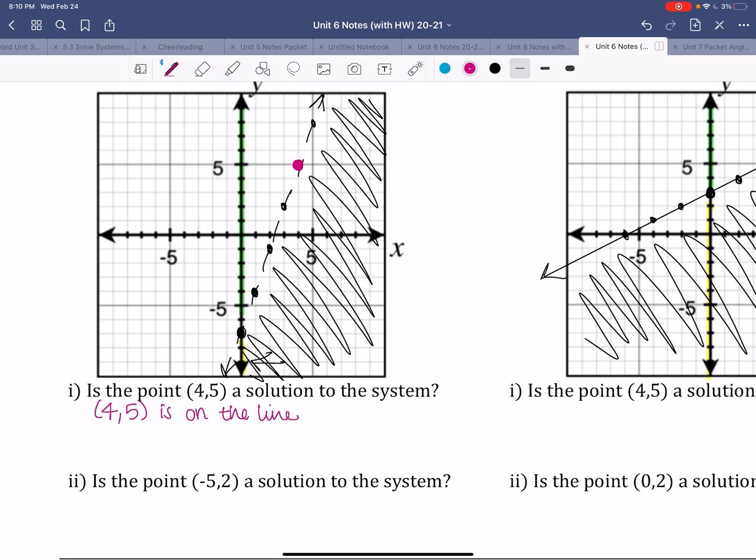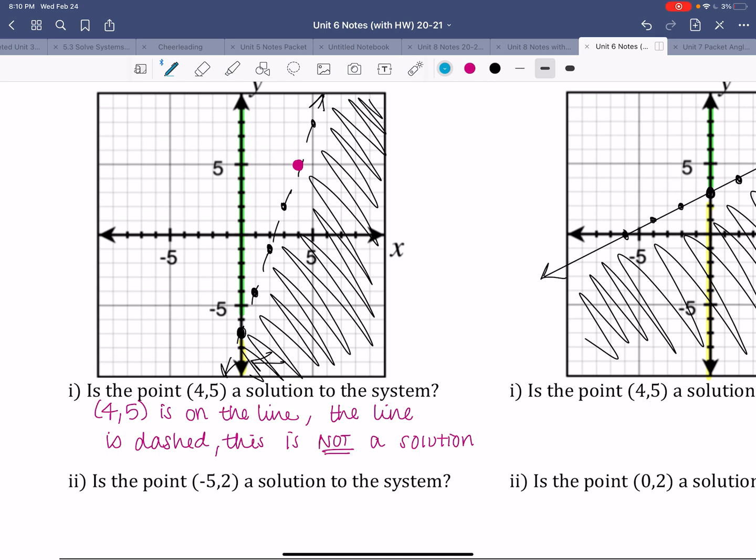And we're trying to determine if it's a solution. Since it's on the line and the line is dashed, this is not a solution. Okay? The dashed line is just like an open circle, meaning we do not include those points that are on that line. So we would not include this. This is not a solution.